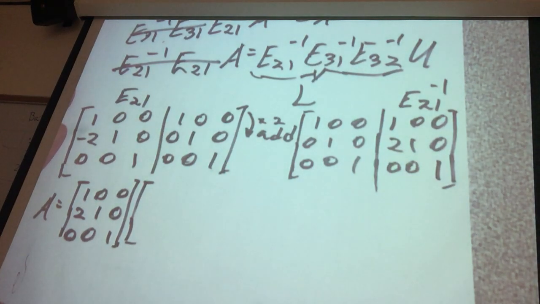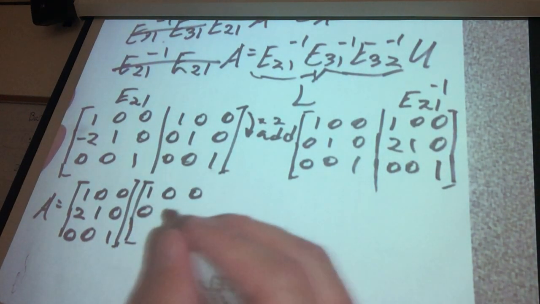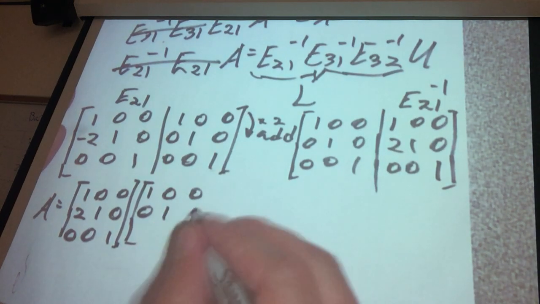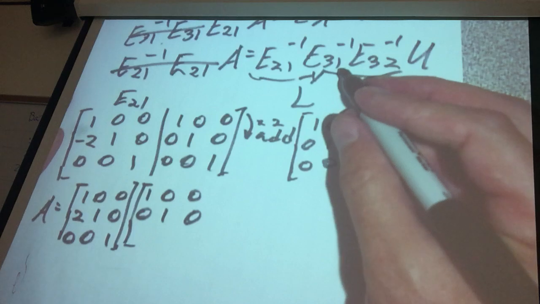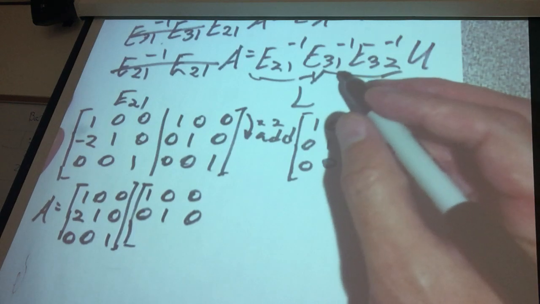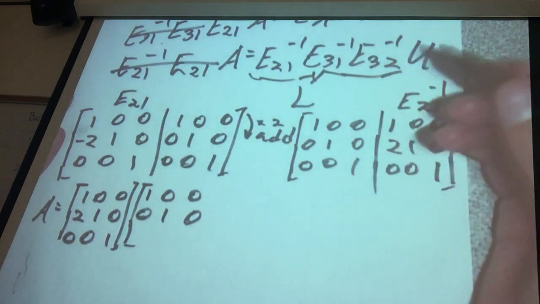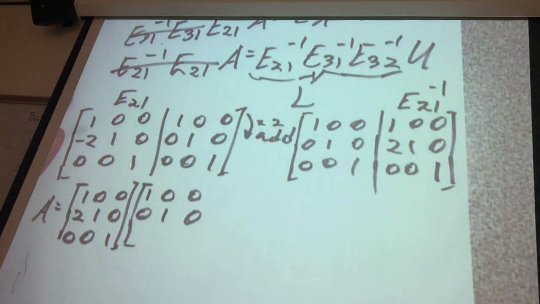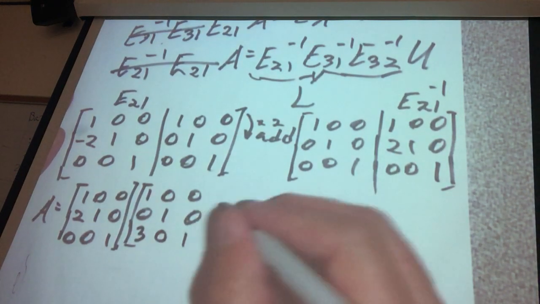Now acting upon 1, 0, 0, 0, 1, 0. So now we're at E31. Where was my E31? It was negative 3, so this is a positive 3, 0, 1.